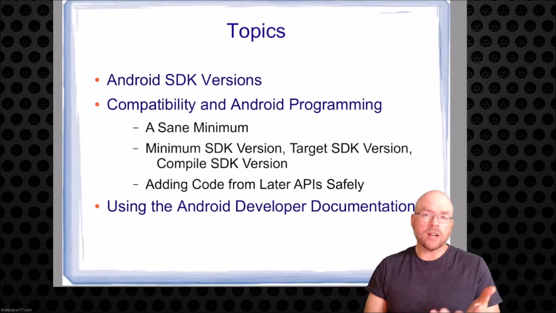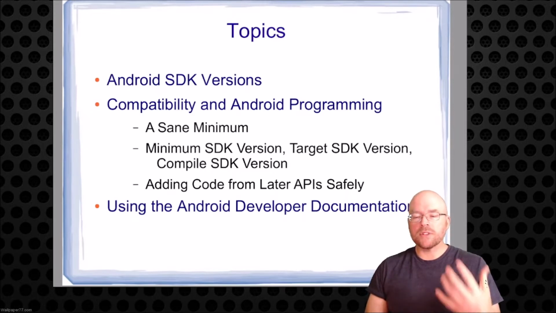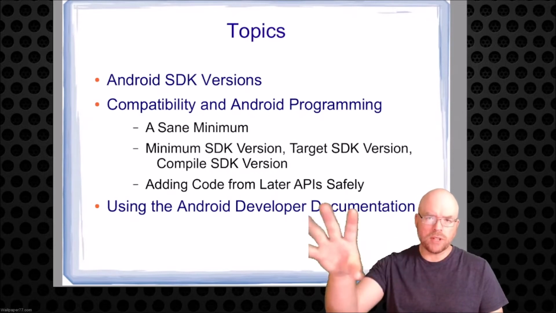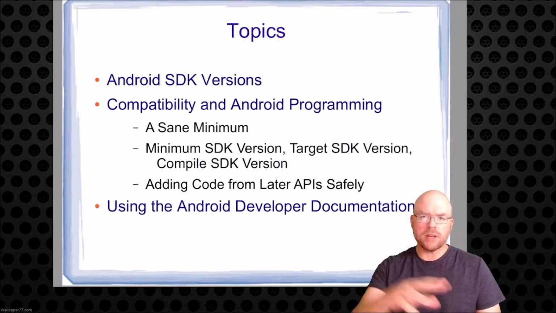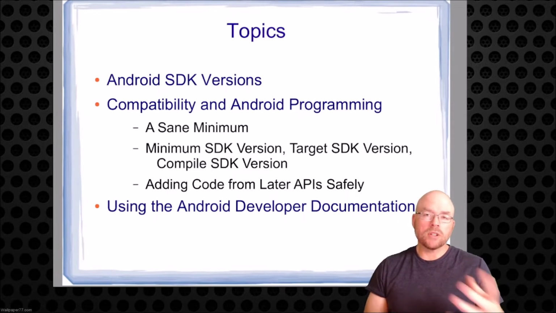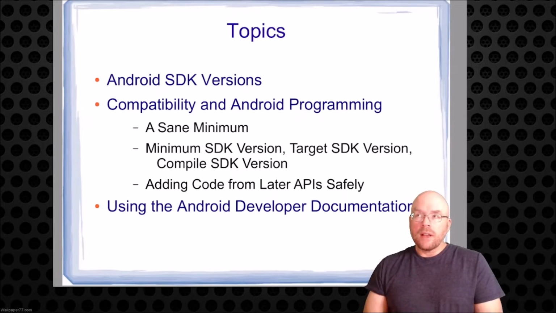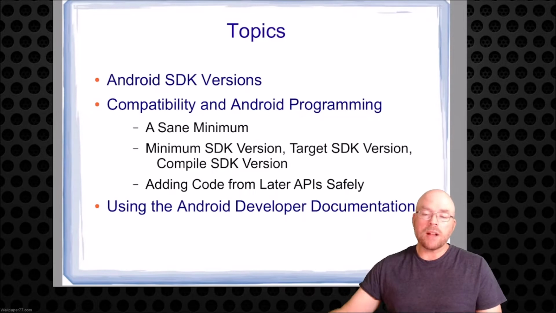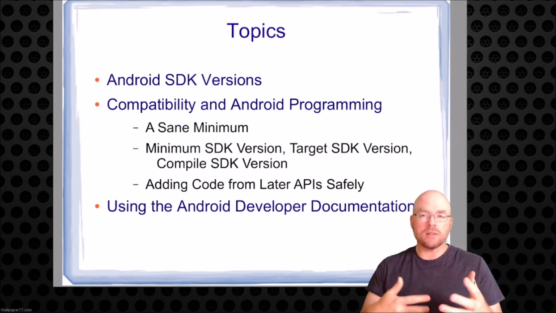And then you have the target SDK version, and for those same games, it'll say optimized for Windows 10 or optimized for Windows 11, works best with this. That's the same kind of thing. We're talking about the oldest version of Android that we're going to support, and then the optimized version, the target SDK version, and then the compile SDK version is kind of a number that's in between us and the compiler, but we'll talk more about that in a little bit.